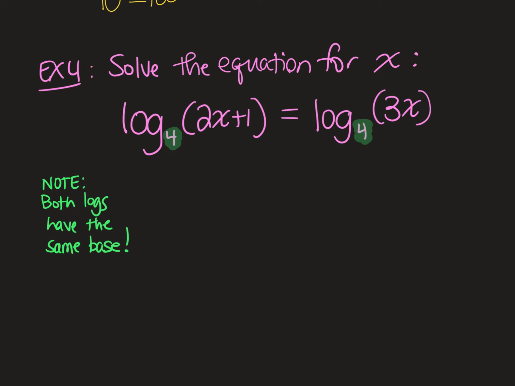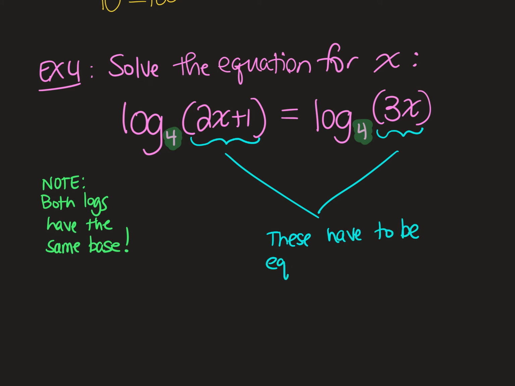So what has to be true about 2x plus 1 and 3x in order for these logarithms to have the same value? They have to be equal, right? So these two things have to be equal, or have to be the same, however you want to write it.